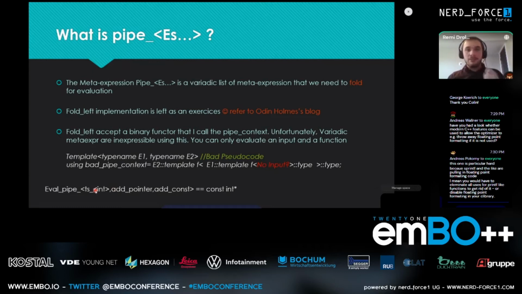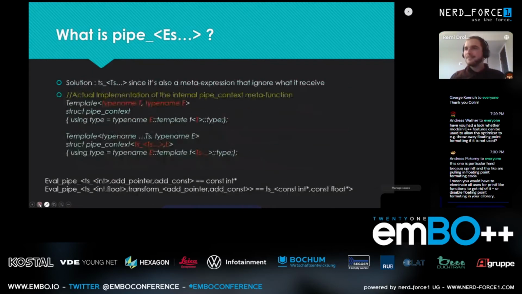And the solution for this: use TS. Okay, this is the actual implementation of my functor in the fold machine. I call it type context. Basically, if you have a type and an expression, you can simply send the type to the expression and evaluate it.